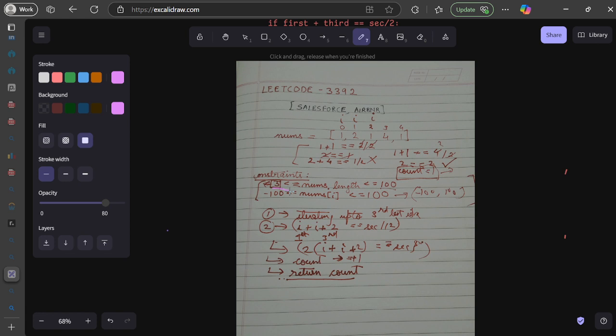The length of the nums can never be less than 3 and greater than 100. So using these constraints, we find out that we don't have to handle the edge case of the nums array having elements less than 3. We would have returned something, or asked the interviewer, if it was not the case.